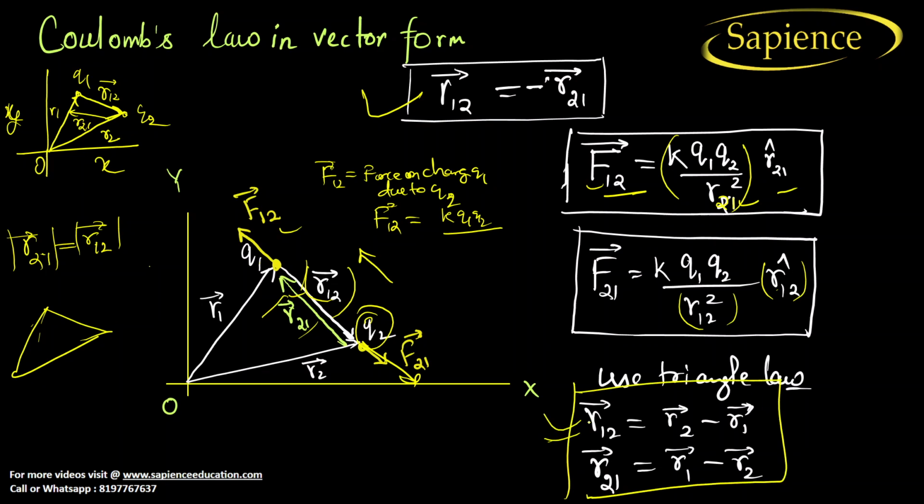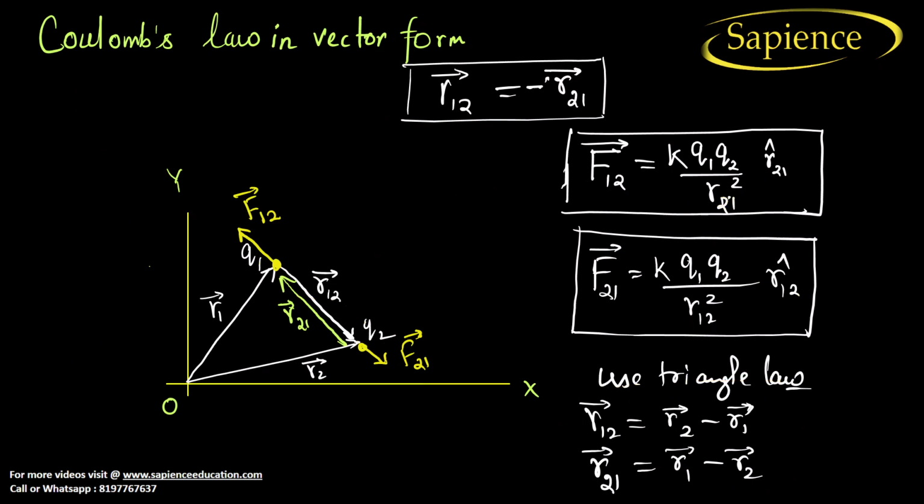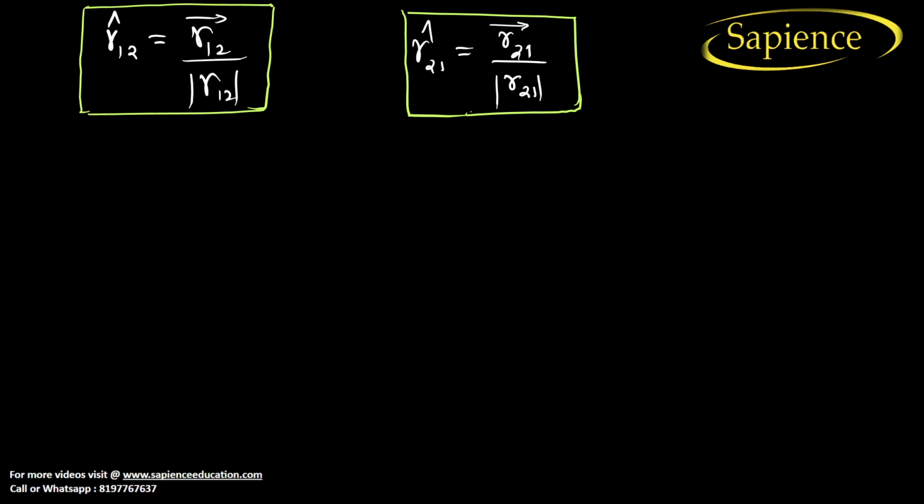This is basically the fundamental fact about Coulomb's law in vector form. So R12 cap is equal to R12 divided by the magnitude of R12, and R21 cap is equal to R21 by the magnitude of R21. These are familiar things you have already studied in the vector chapter.